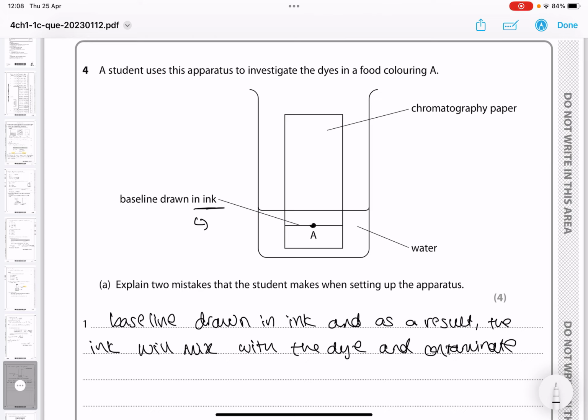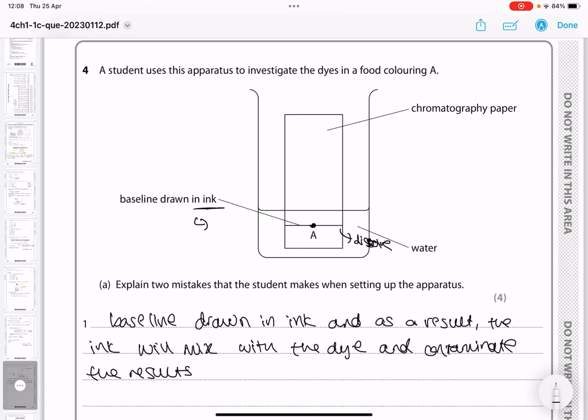So that's one problem. Now the second problem is that the baseline here is clearly under the water, and that's going to be a problem because now this dye and the baseline is going to be dissolving in the water. It's going to dissolve in the water.